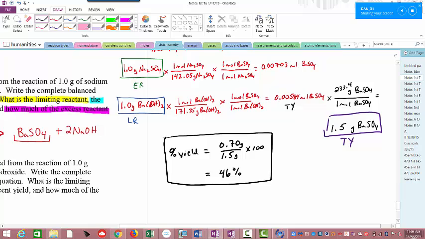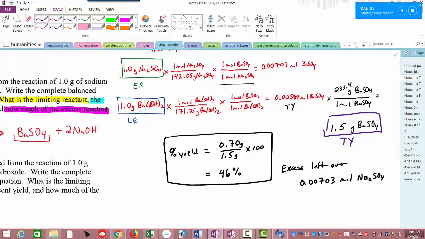So the only thing left we need is our excess leftover. So we have 0.00703 moles of sodium sulfate to begin with. I know that because of this 1-to-1 ratio, it would be the same moles of sodium sulfate and the same moles of the others.